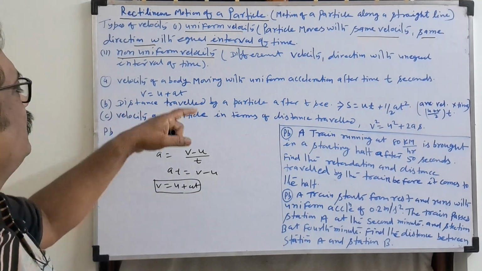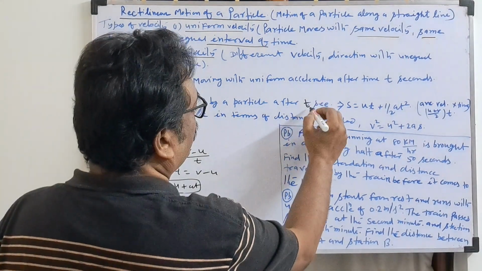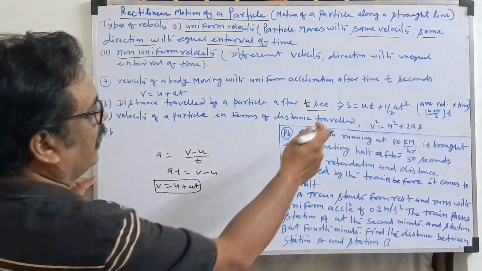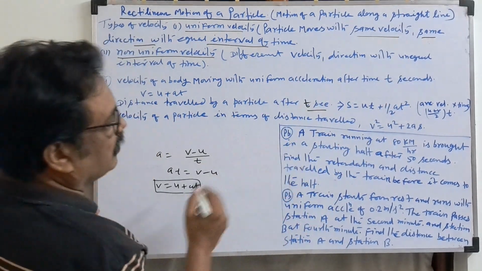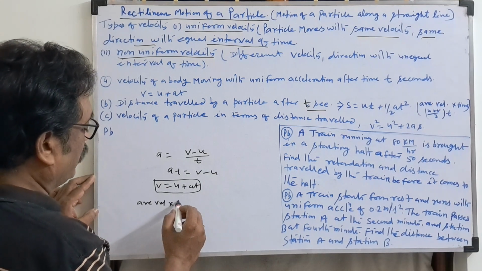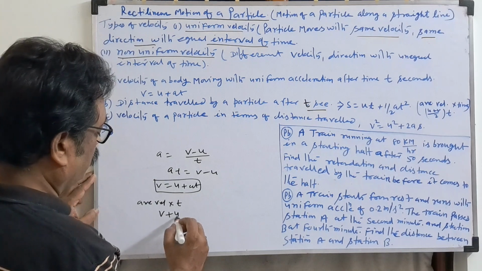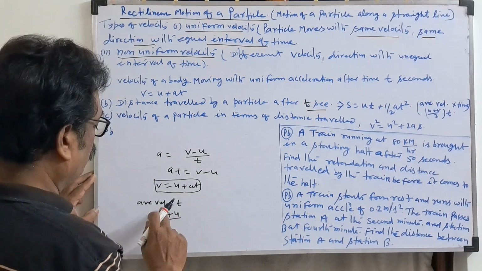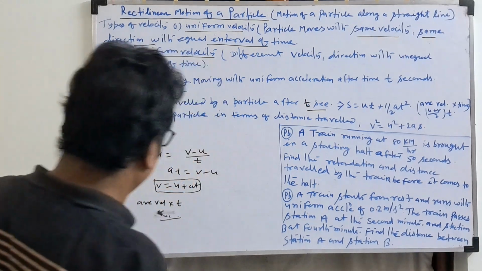Now the next formula: the distance traveled by a particle after t seconds. The formula is s equals ut plus half at square. How does it come? It is average velocity into time. What is average velocity?